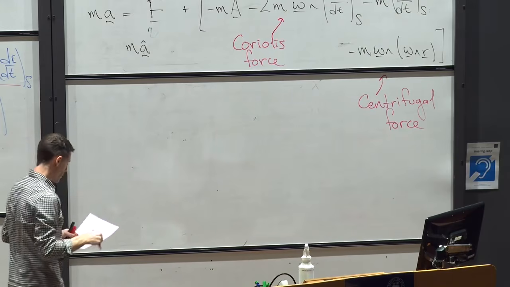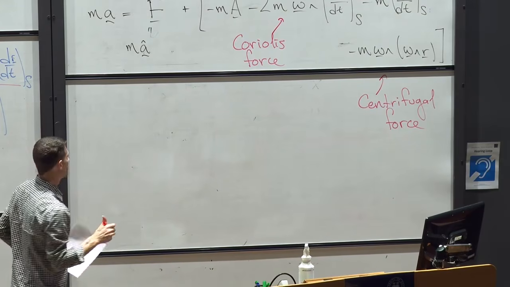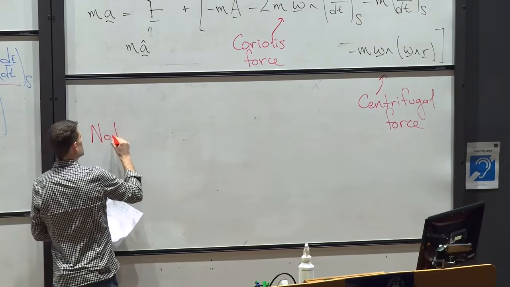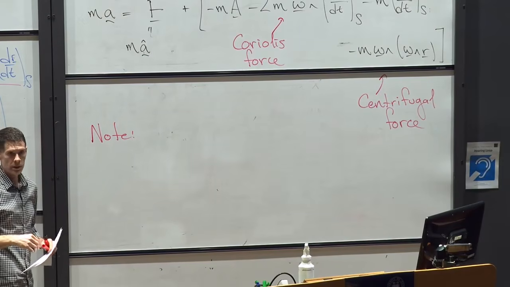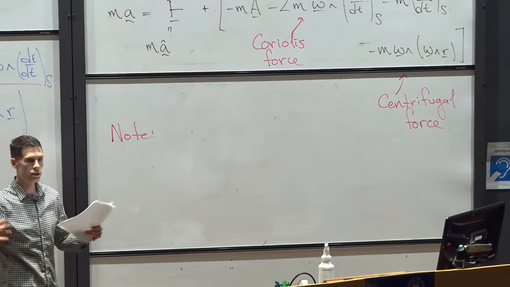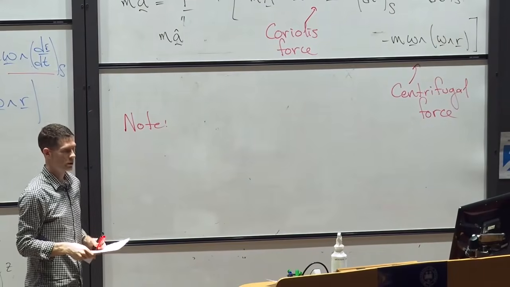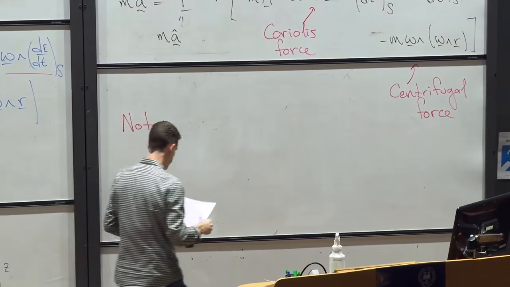So I want to see if we can work through a quick example. Make one quick note, though. I've made this point a few times. It's up to us, right? We choose where we put a frame and how we describe a system.